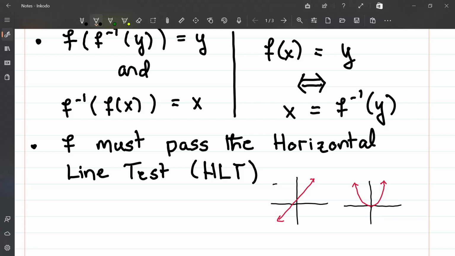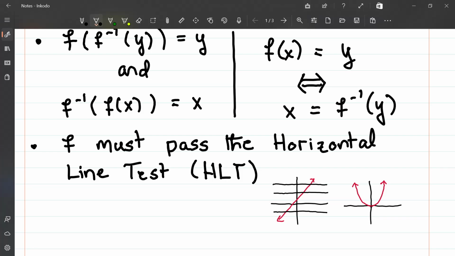If I draw any horizontal line, it should do one of two things. Either it should fail to intersect the graph of my function entirely, or, like you see in my picture here, it should intersect the graph of my function precisely once. This must happen for every single horizontal line I draw.